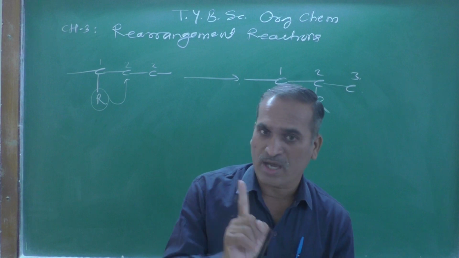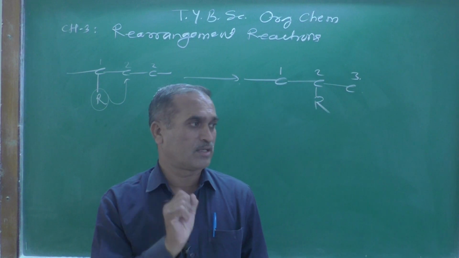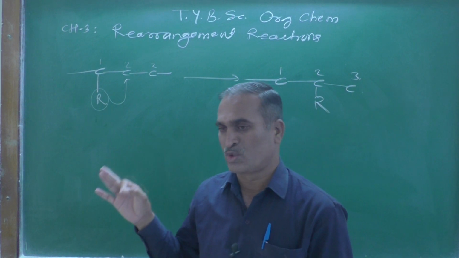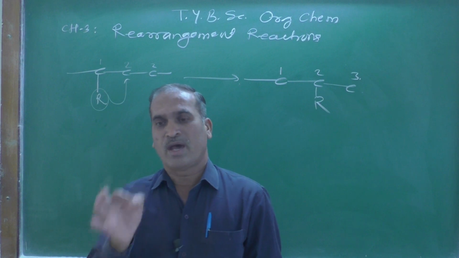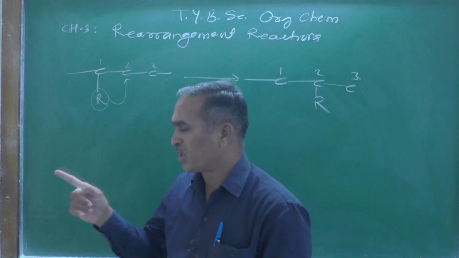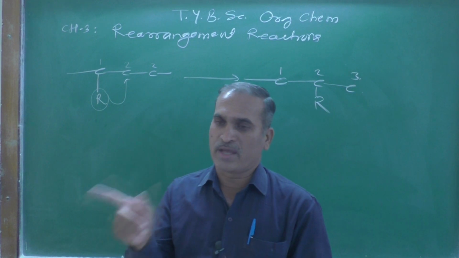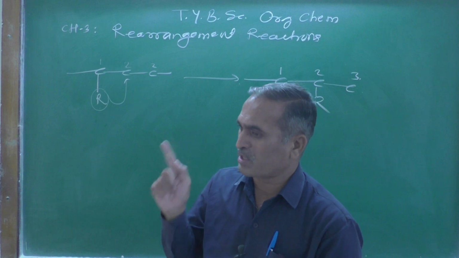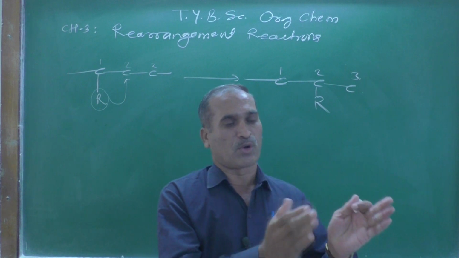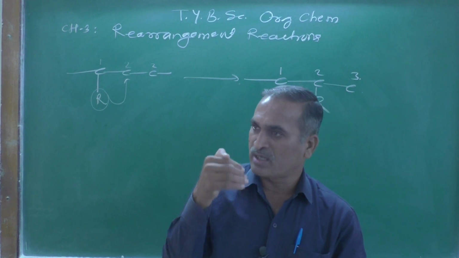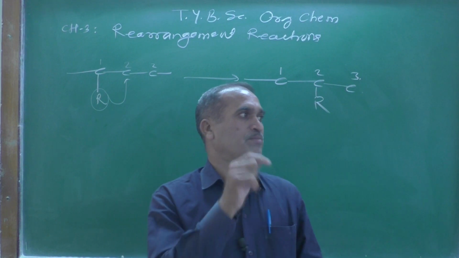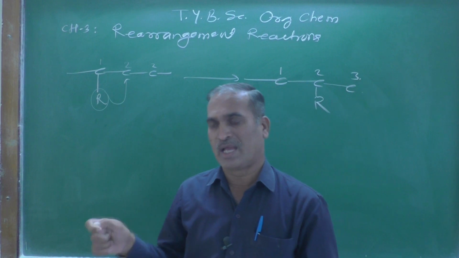And as we know, what does hydrocarbon mean? An organic compound made up of carbon and hydrogen is known as a hydrocarbon, and they are non-polar in nature. Why are they non-polar? Because the carbon atom and the hydrogen atom have approximately the same electronegativity, and due to that the hydrocarbons are non-polar in nature.